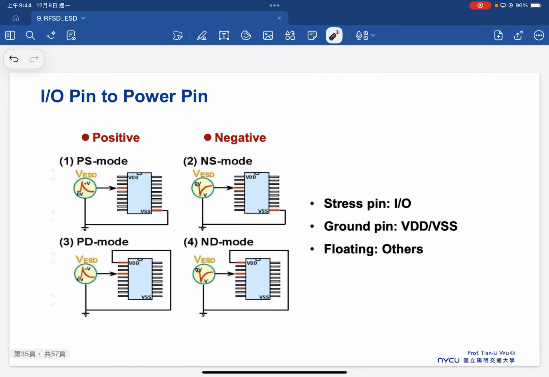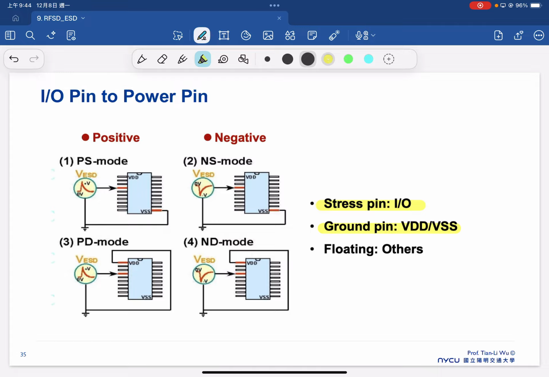So here is an example of how we do the input output pin to power pin. The idea is that we will stress each pin. This is how a typical package device looks like. We will test each pin and ground it as VDD or VSS.